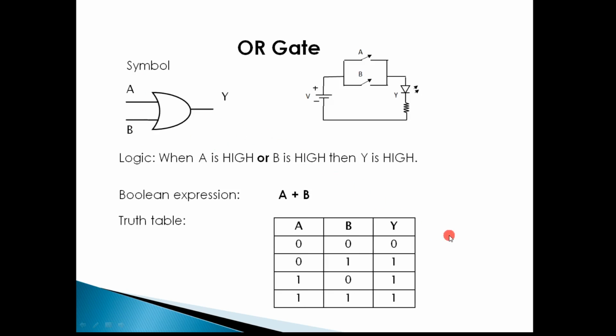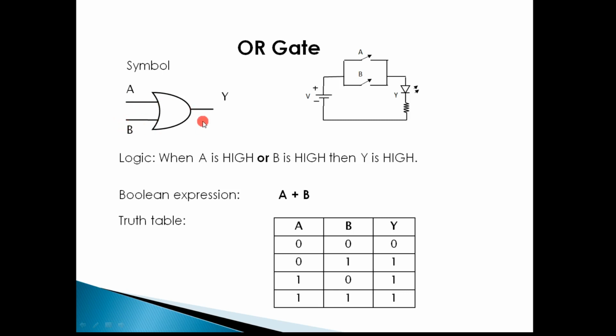Let us move forward. The second gate is OR gate. The OR logic is expressed here. When A is high or B is high, then Y is high. The two inputs A and B, and when A is high or B is high, Y is high.